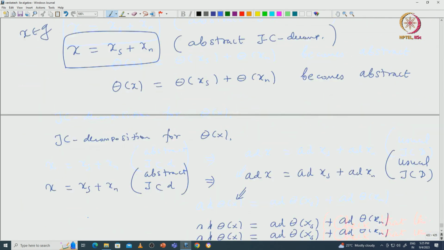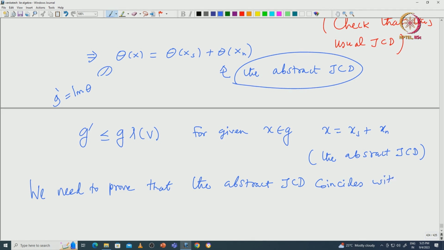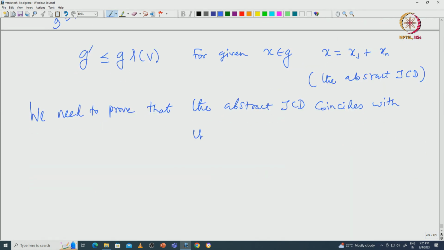So, that means for any semisimple linear Lie subalgebra, what we need to prove is that the abstract Jordan decomposition coincides with the usual Jordan decomposition.